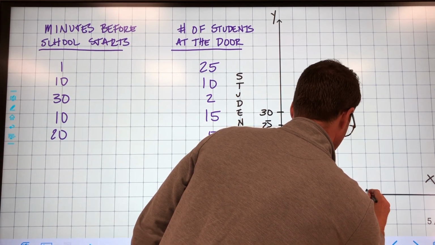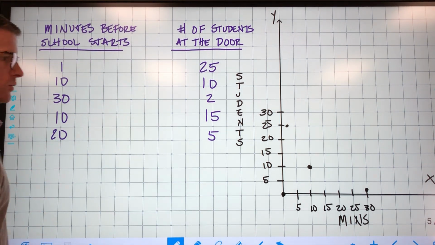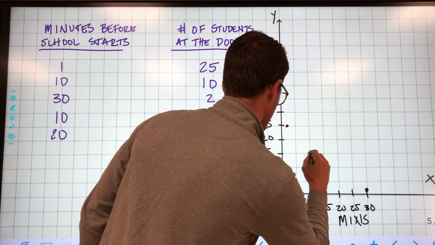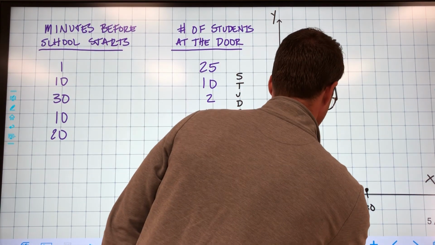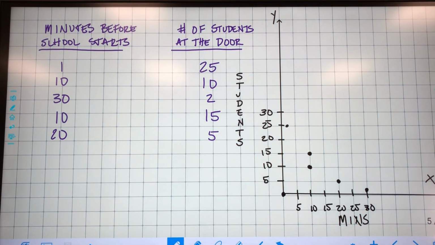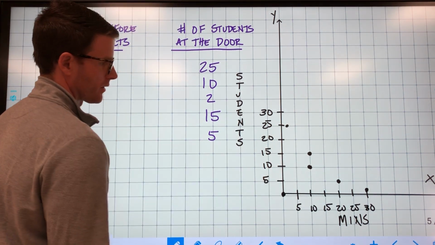It's going to be like right there. 10 minutes before school starts, again, 15 students. And then 20 minutes, there are 5. Okay. So there's my data plotted on the chart, on the graph, right?